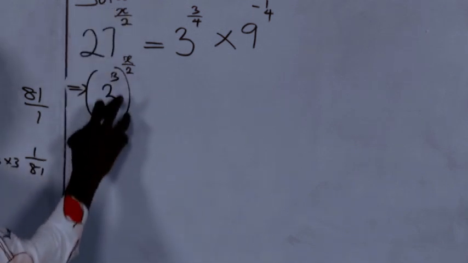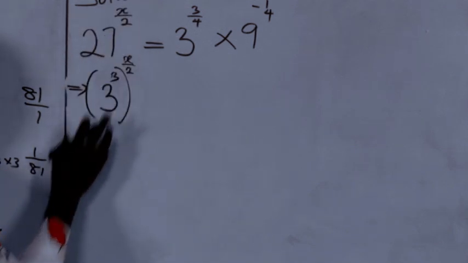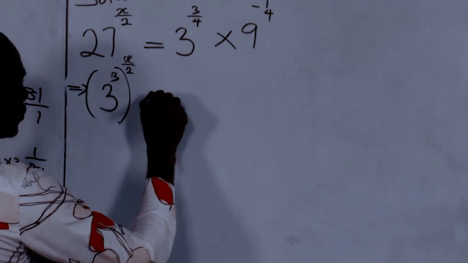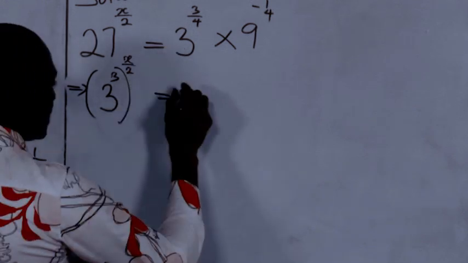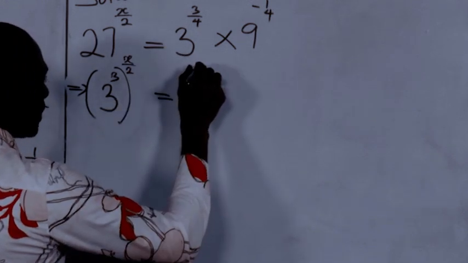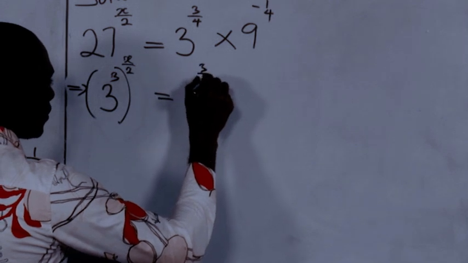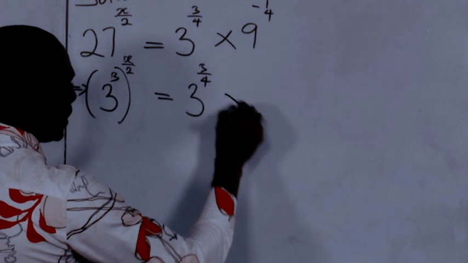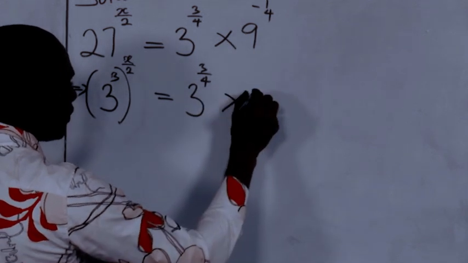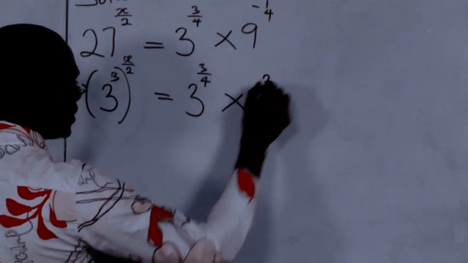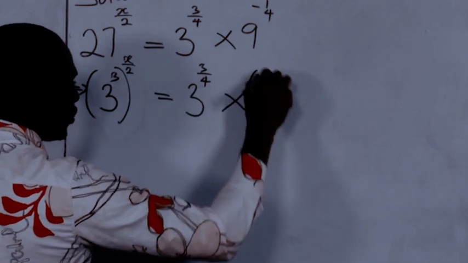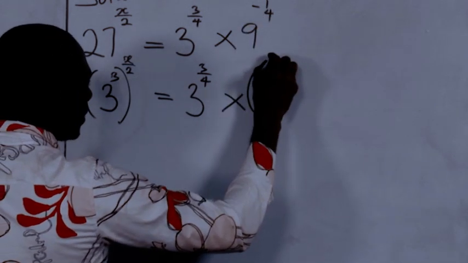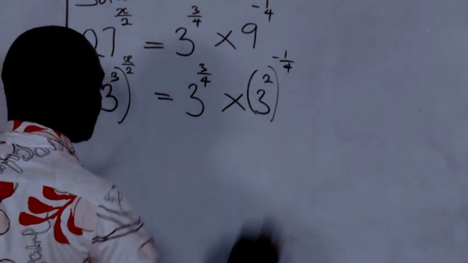So all this is still the same thing as this. Now we have equal to this, 3 still remains raised to power 3 over 4. And 9 will give us 3 square. 3 square is 9. So in bracket, we have minus 1 over 4.